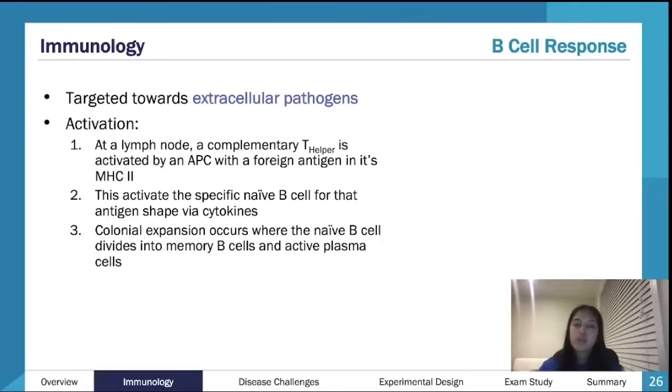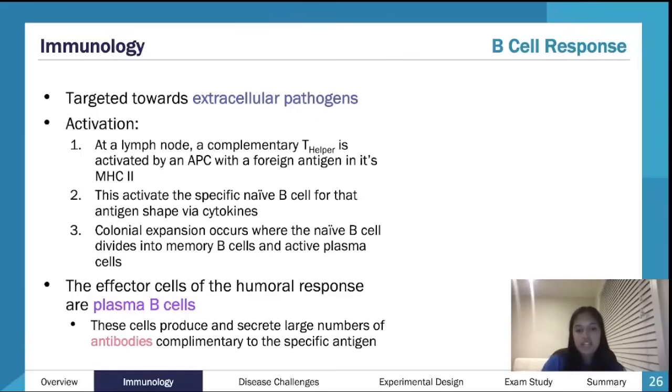So remember, your plasma cells work to produce your antibodies, and those will help kill your bacteria. Your memory B cells, their role is basically just to hang around. And then once this infection is over, the next time that we get infected with COVID, let's say, we've got a lot of memory B cells hanging around. It's their job to divide into more B cells, basically.